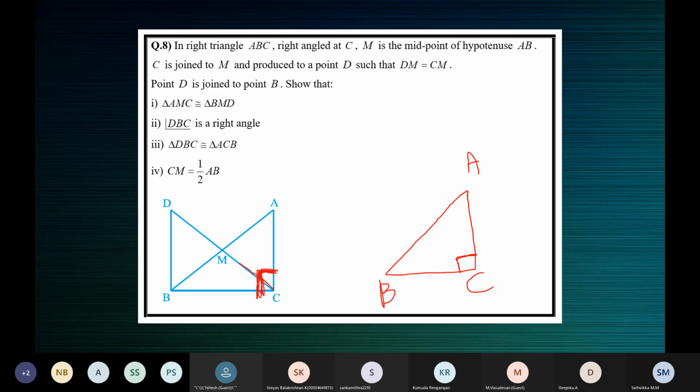Okay. And M is a point on the hypotenuse AB, right? Yes, ma'am. Is M also a point on DC?